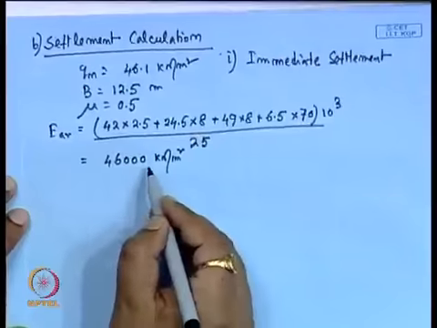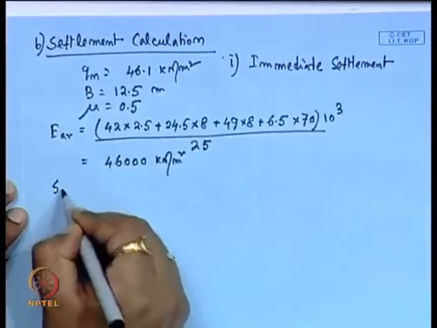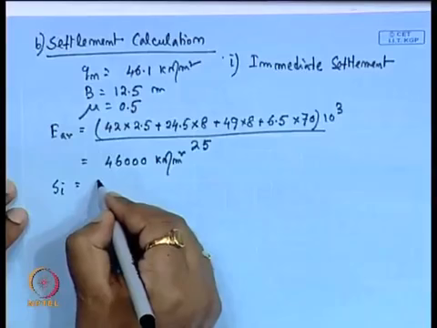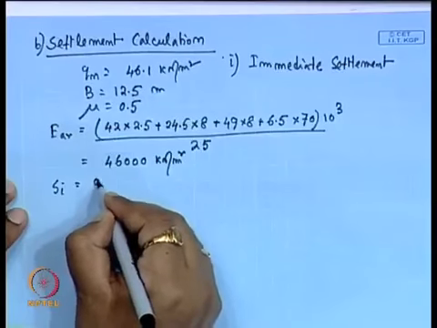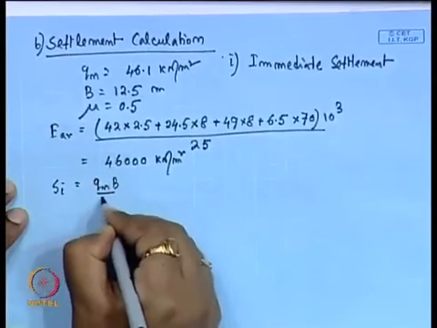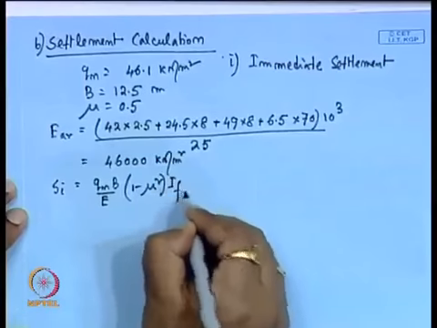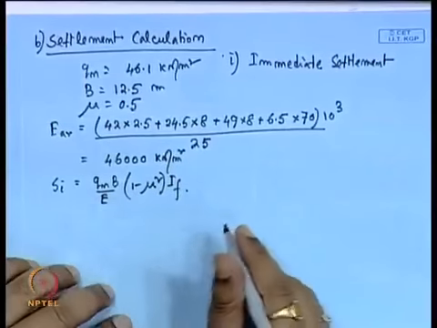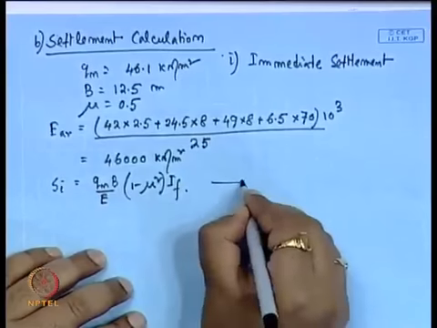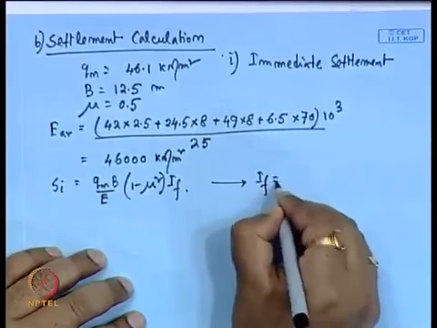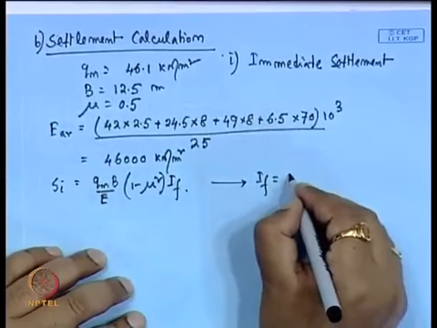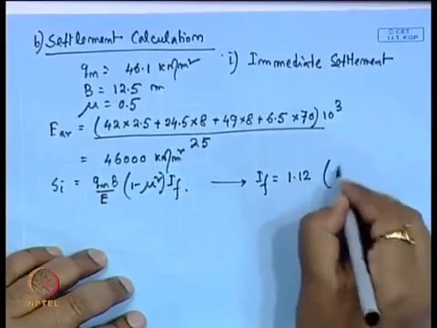So this is 46,000 kilonewton. Immediate settlement SI is Q n into B divided by E, into 1 minus mu square, into I f. This is the influence factor. For the square footing, from the table, we are taking 1.12.